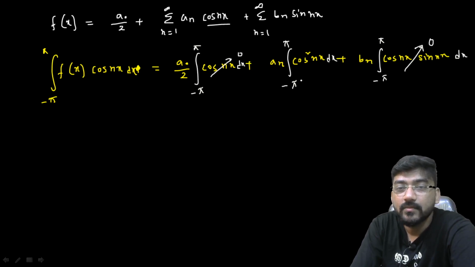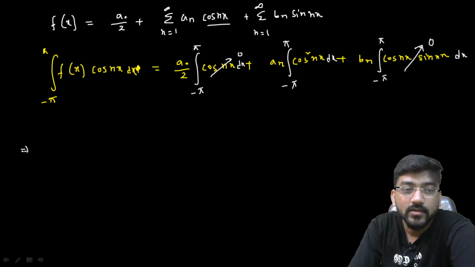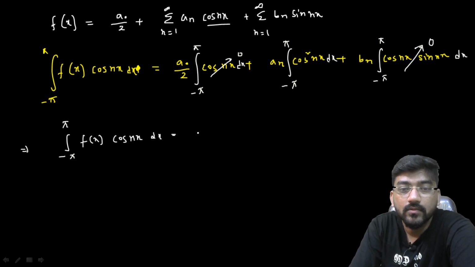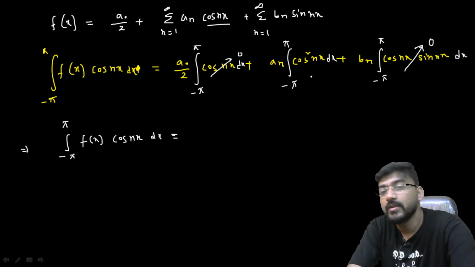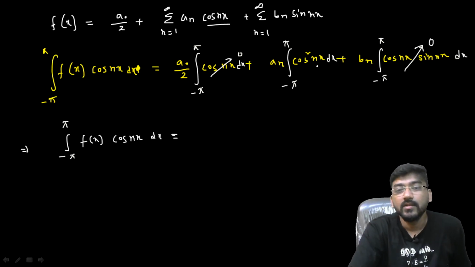And what will be this? Minus pi to pi cos square nx. Let me write it like this: minus pi to plus pi f of x cos nx dx equal to what? The average value of cos square and sin square is only half.